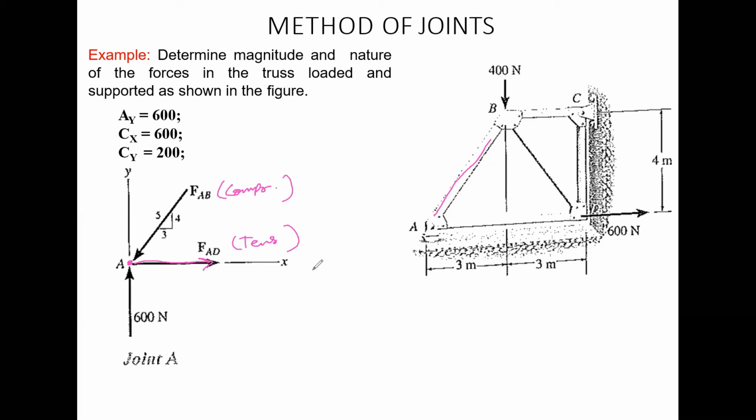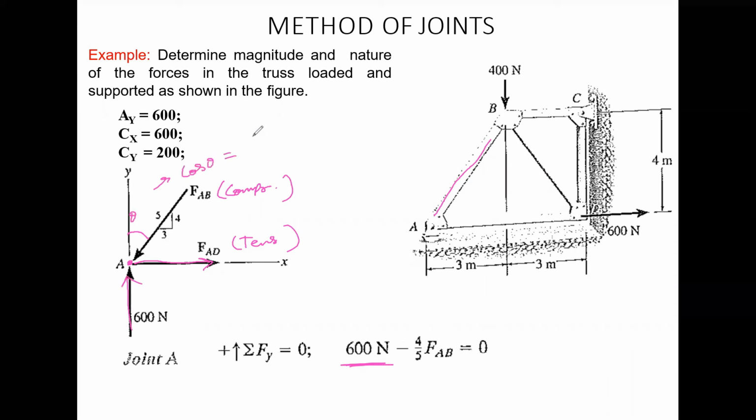And now if you balance the forces, horizontal and vertical forces, you will get 600 Newton vertically upward minus this vertical component of FAB, that will be FAB cos theta. So this cos theta is 4 by 5 is equal to 0. Okay, so suppose this is theta, then cos theta will be equal to 4 divided by 5. So 600 Newton minus 4 by 5 FAB is equal to 0.